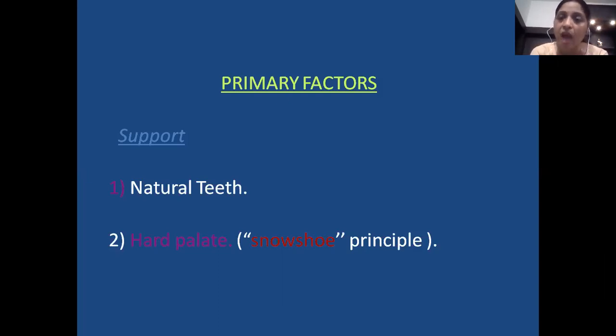As for the hard palate, if there are more natural teeth, then we need to cover less of the hard palate with the major connector, or we need less support from the hard palate. But if there are fewer natural teeth, then we need more support from the hard palate. For achieving support from the hard palate, we need to extend the major connector on the hard palate.